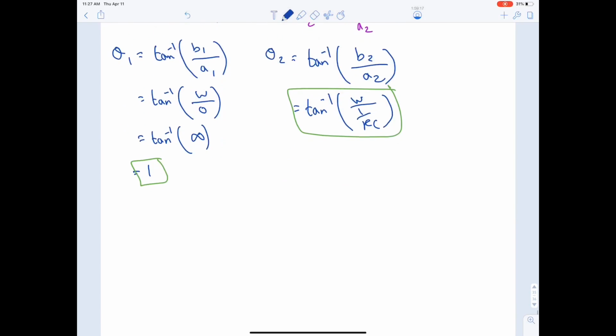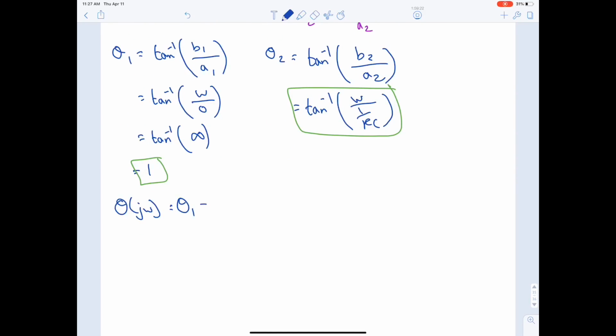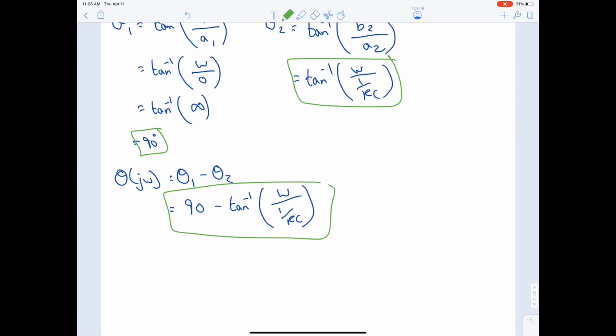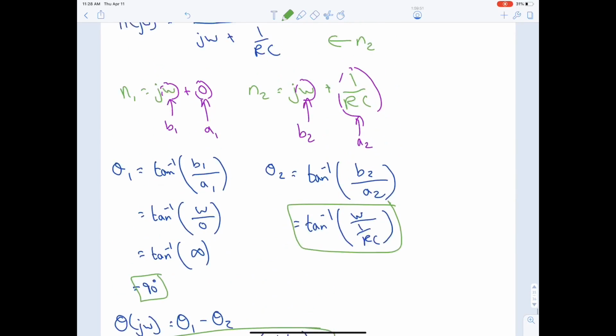The entire theta will be theta 1 minus theta 2, which is equal to, tan inverse of infinity is not 1 actually, it is 90 degrees. So it will be 90 minus tan inverse of omega over 1 over RC. As we do not have numbers, you can leave it as an expression. So we're done with the phase angle.